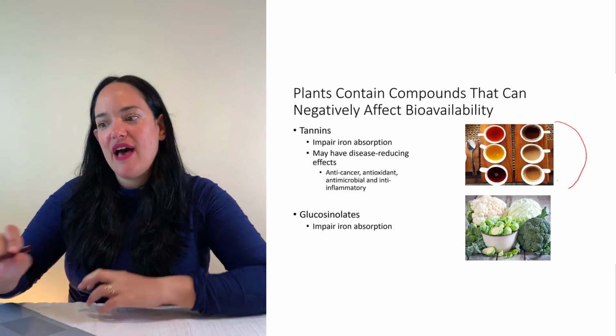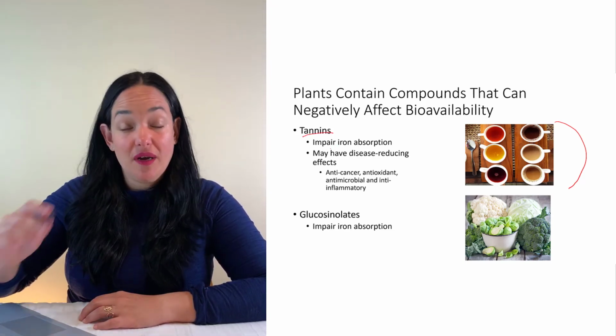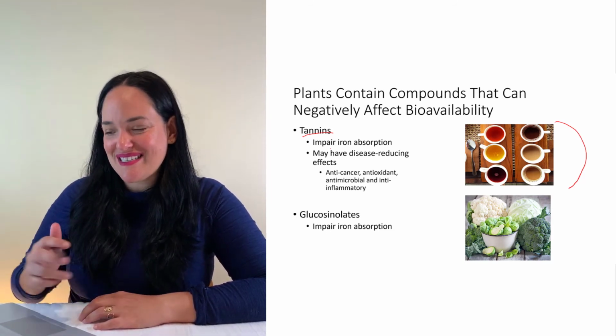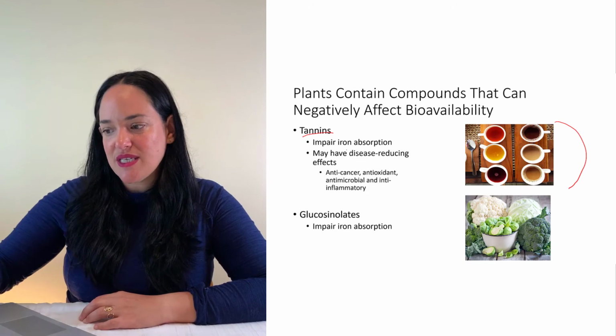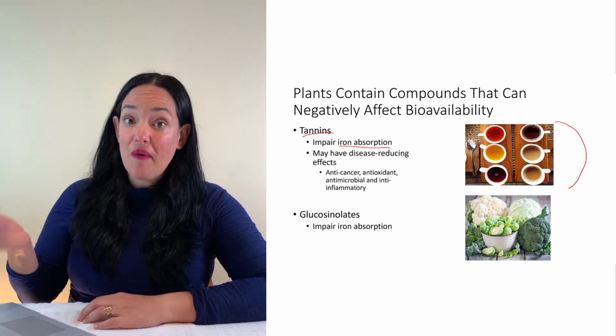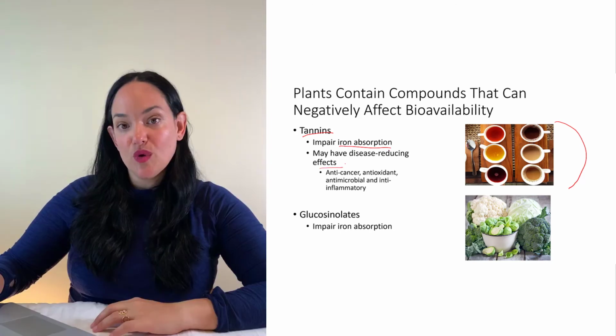That is tannins that are responsible for that feeling. And when it comes to wine, tannins are actually a desirable thing. They add a completeness to that wine. But the issue with these tannins is that they impair iron absorption.